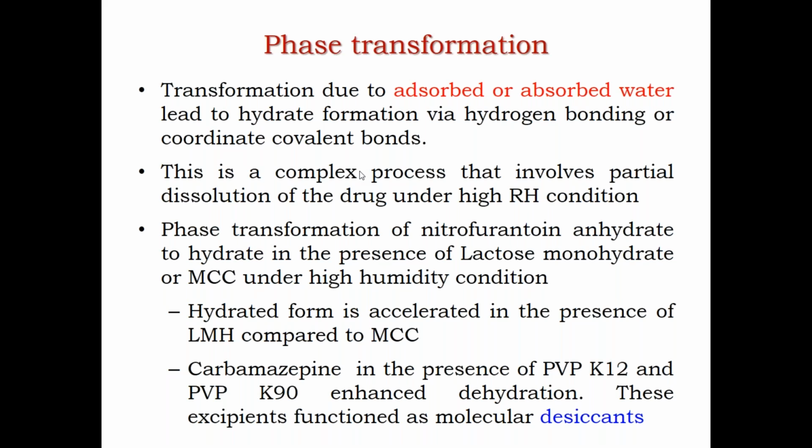If the API as such has stability issues, the added excipient can aggravate them. That is the problem. So we should be careful in selecting the excipient because the drug already has a problem. The added excipient should not add to the problem. So while selecting the excipient, we make sure that it is not accelerating the stability issues of the drug.